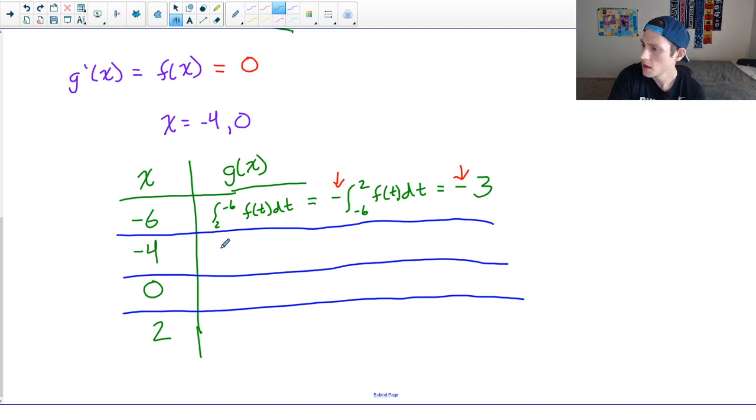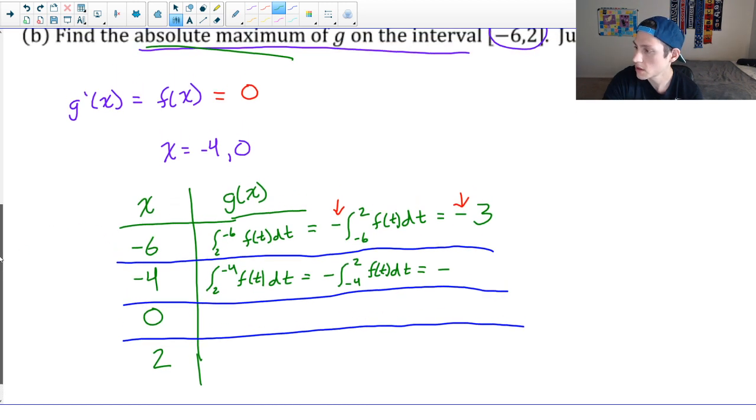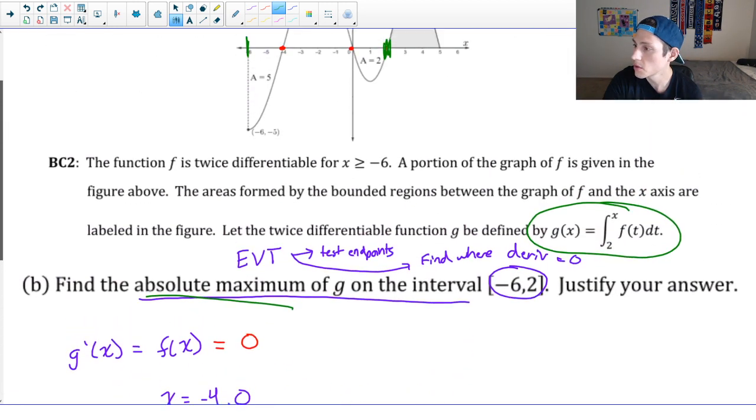Okay. -4, so let's do the same thing. 2 to -4, f of t dt. I don't like that the upper bound is a smaller number, so let's switch them and introduce a negative. I know there's a negative in front, but let's see what the actual area is from -4 to +2.